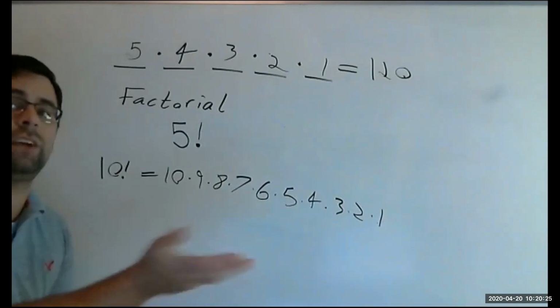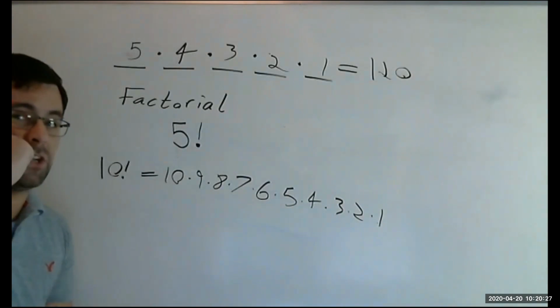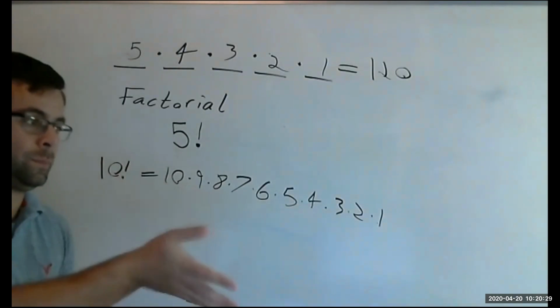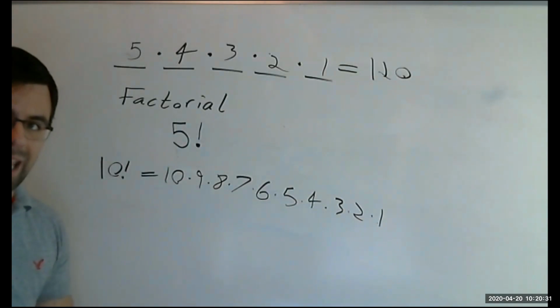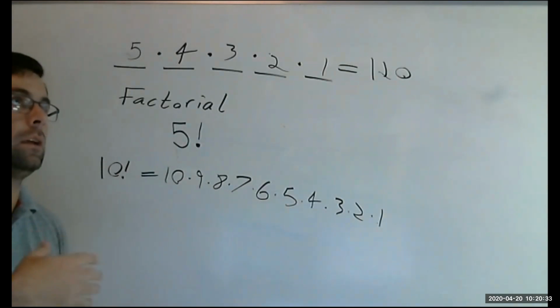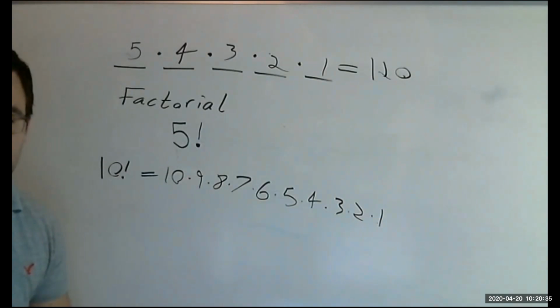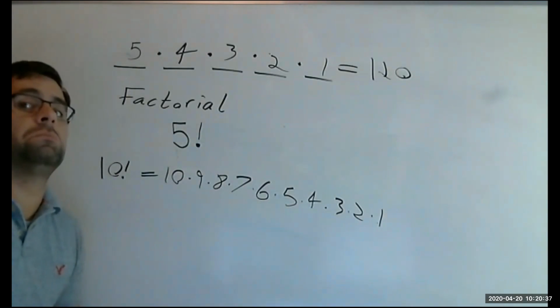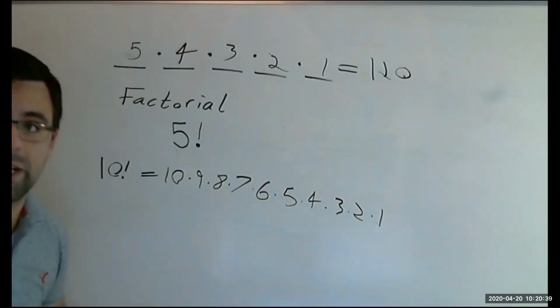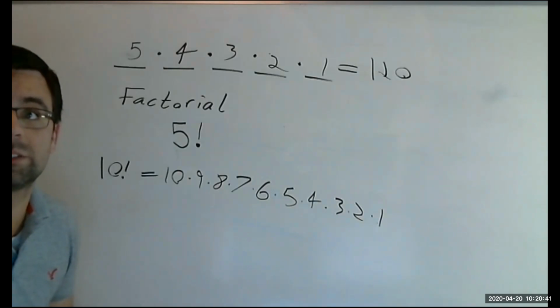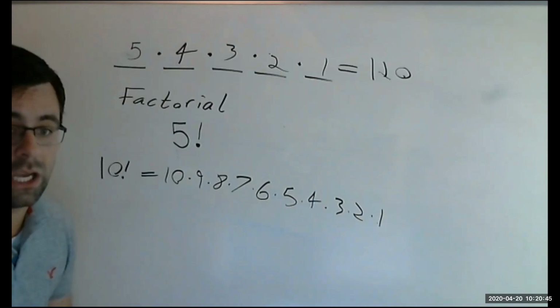It's 10 factorial. How many different ways can you arrange 10 distinct objects, or any number of distinct objects? It's that number factorial. And this number grows very, very large, very quickly.